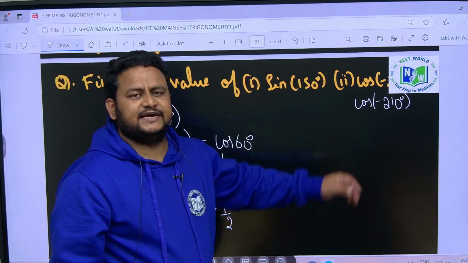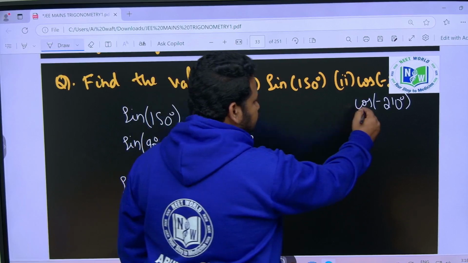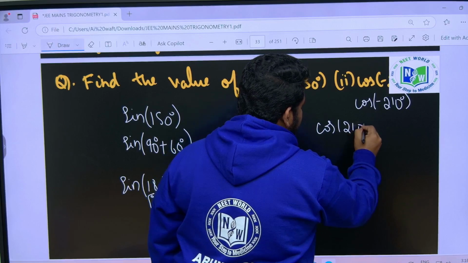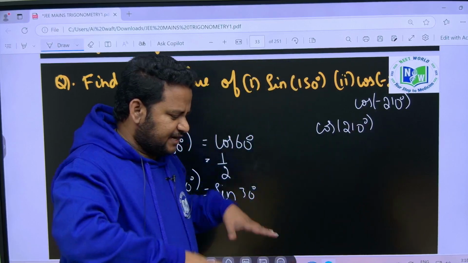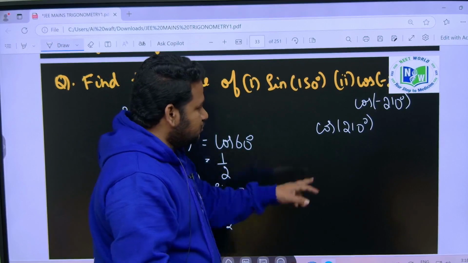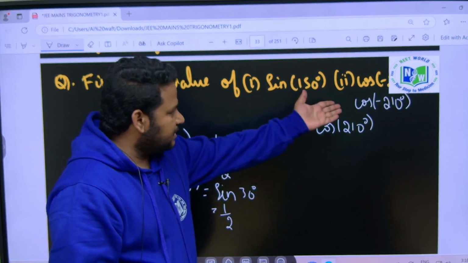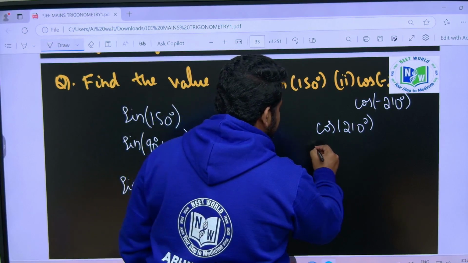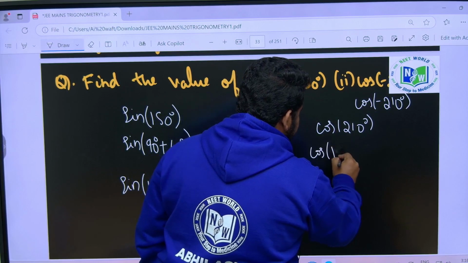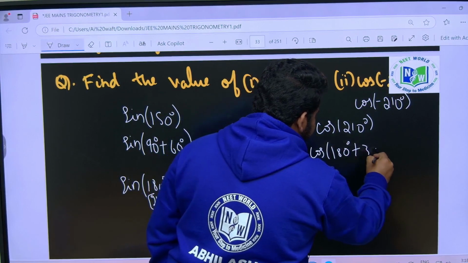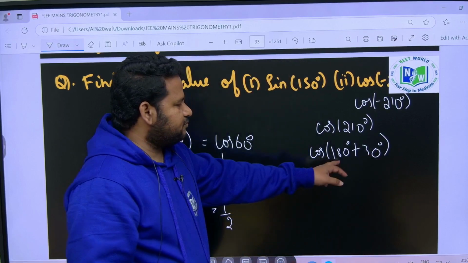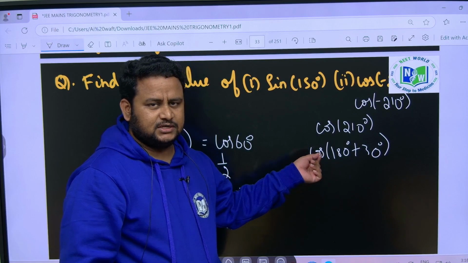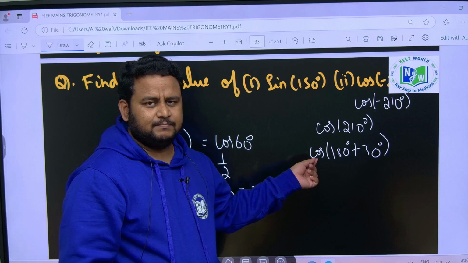Now cos minus 210 degrees. Cos of negative will always become positive. I told you, it will engulf negativity within itself. So cos minus 210 degrees will become cos 210 degrees. Cos 210 degrees, I can write as cos of 180 plus 30. This is 2 into 90, that is an even multiple of pi by 2.